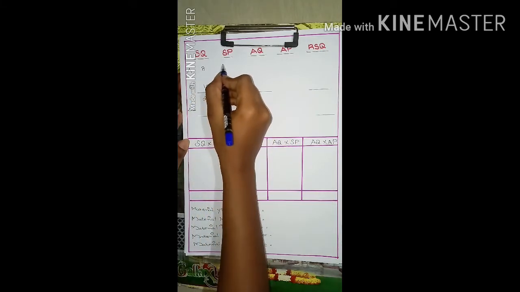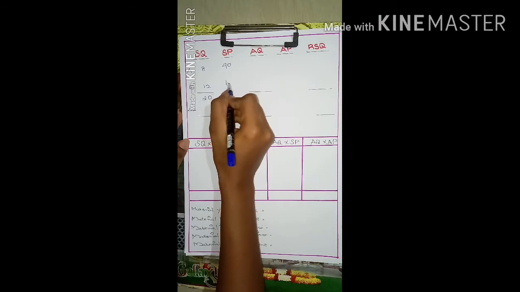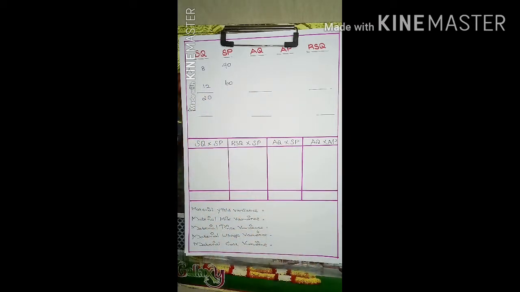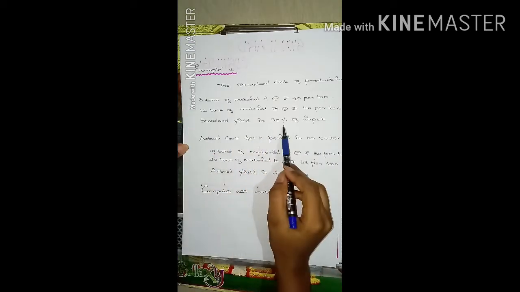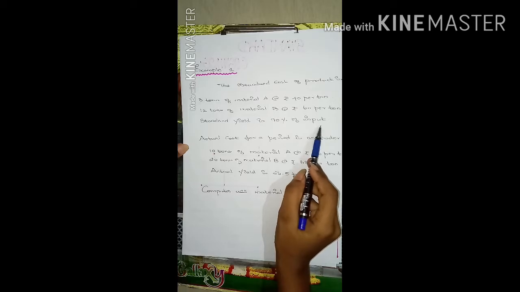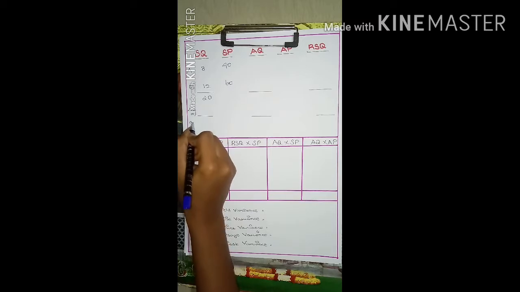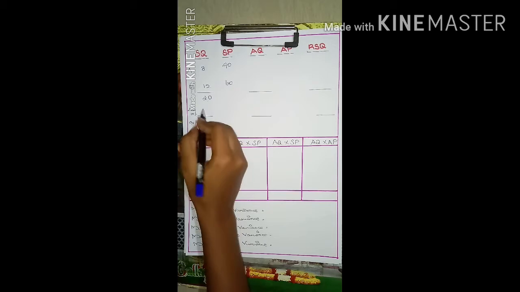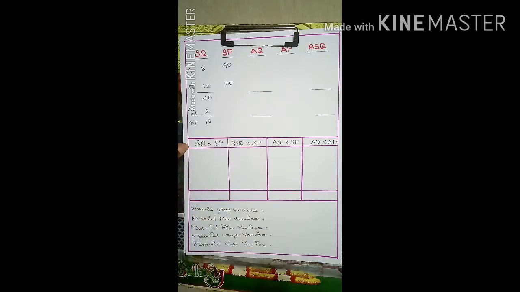Then the standard price is 40 per ton for A and 60 per ton for B. We have seen that out of 100%, only 90% of the output is produced. Therefore, 10% is normal loss. Out of 20, 10% is 2 and 90% is 18.